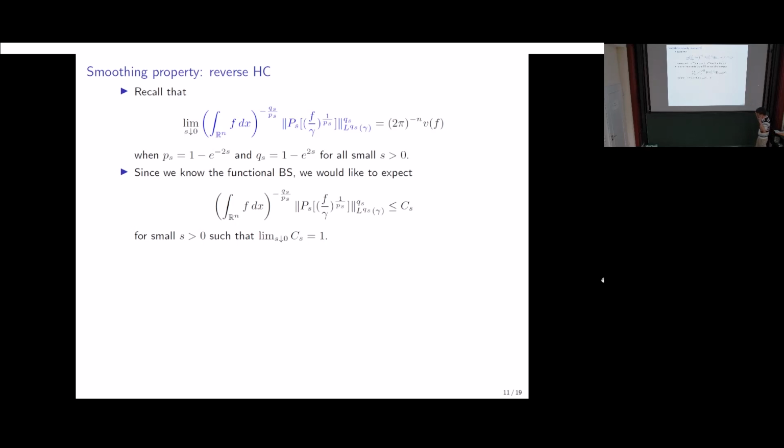So intuitively, we may expect that this LQ norm is bounded from above by some constant Cs, which converges to 1 as S goes to 0. And this formulation is equivalent to saying that this exact LQ norm is bounded from below by 0 because QS is negative.